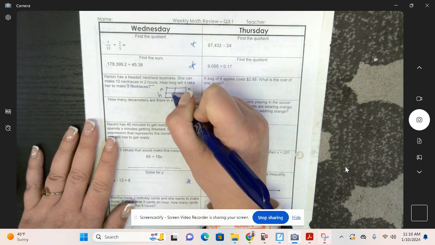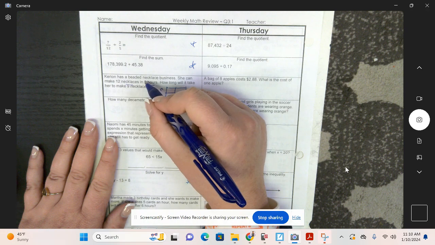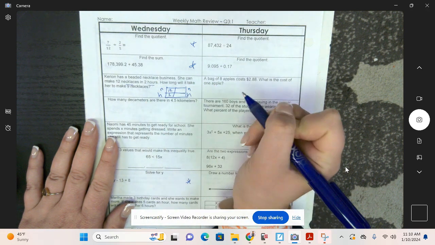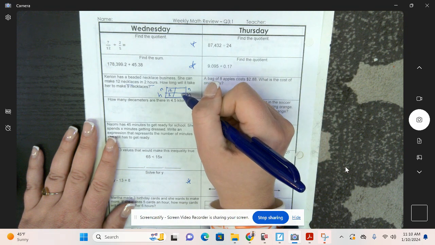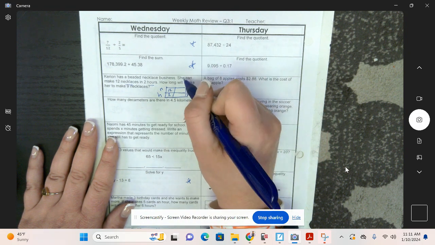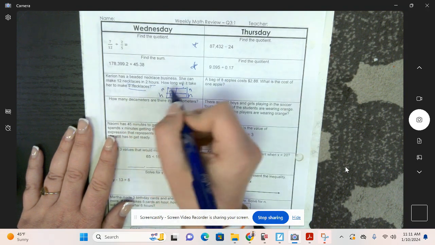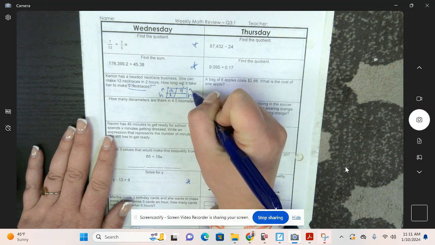The first column, remember, is our original ratio, which comes from the word problem itself. It says that she can make 12 necklaces in 2 hours. The second column is for the question part. We want to know how long it will take to make 9 necklaces, so that 9 goes in the necklace box.